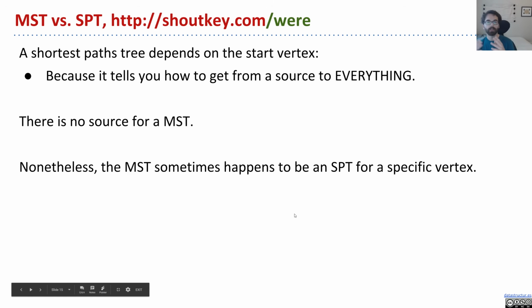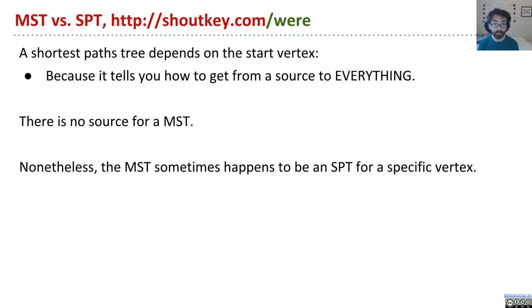All right. So to just draw a distinction between what we had last time and what we're doing in this lecture, a shortest paths tree fundamentally depends on the start vertex, because what the shortest paths tree does is it tells you how to get from the source vertex to everywhere, and it really matters where you start. However, the minimum spanning tree is a global property of the entire graph. Source vertex, totally irrelevant. There isn't even the notion.